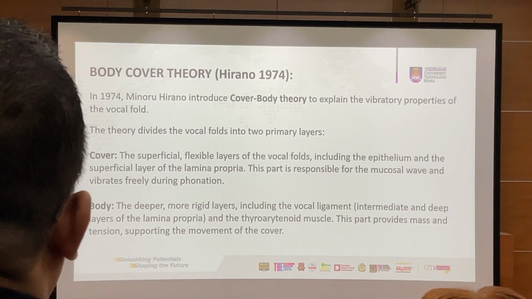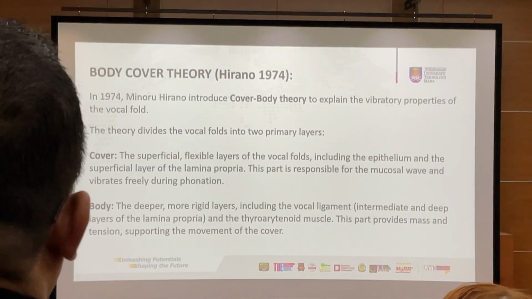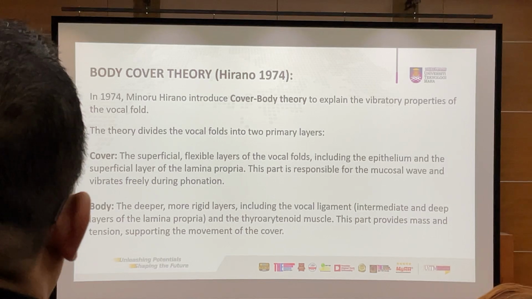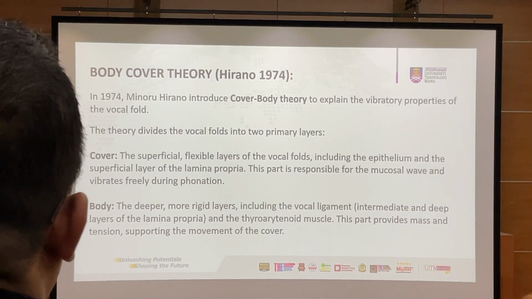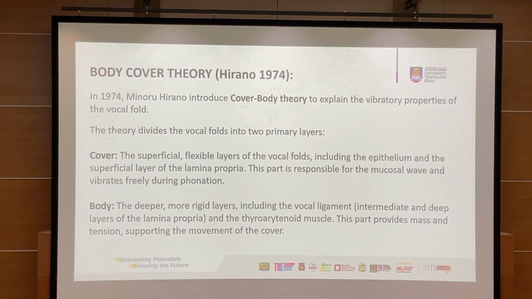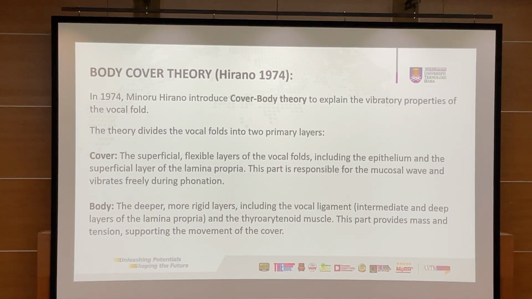The cover consists of the superficial layers, including the epithelium and superficial lamina propria, which is responsible for the mucosal wave and vibrates freely during phonation. The other one is the body, which is the deeper, more rigid layers, including the vocal ligament and the thyroarytenoid muscle. Basically, the body provides mass and tension, supporting the movement of the cover.